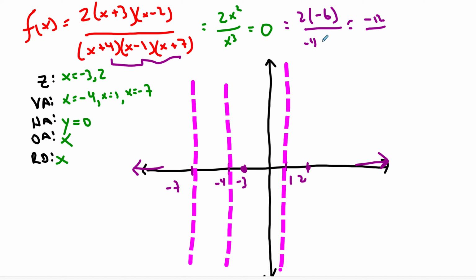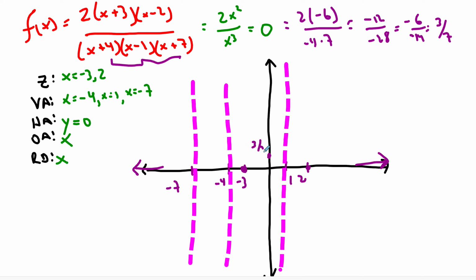So -4 times 7, or -28. Now this reduces to -12 over -28, or +3/7. If you plugged in 0, this is what the y-intercept is. That is, you plug 0 in here, you get 0 plus 3, 0 minus 2, and that tells you what the y-intercept is, so 3/7.